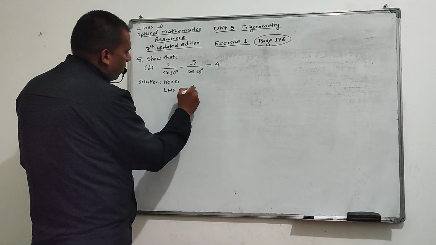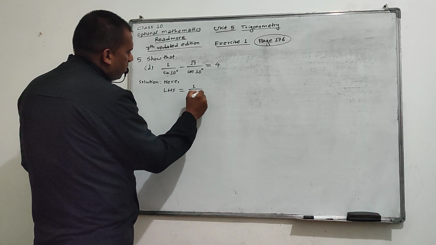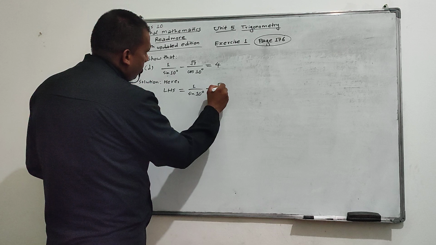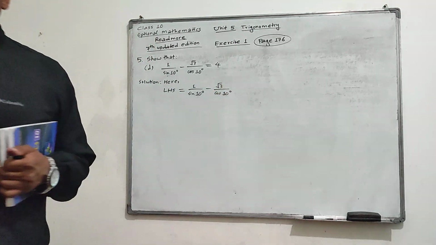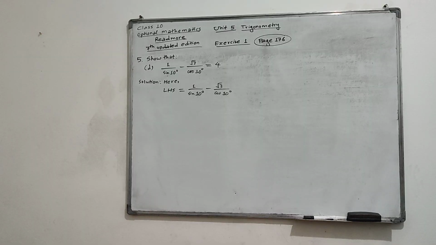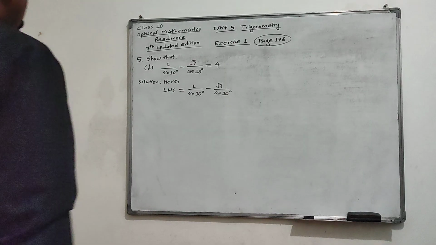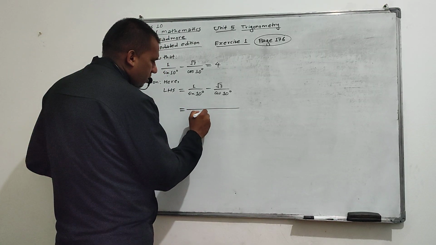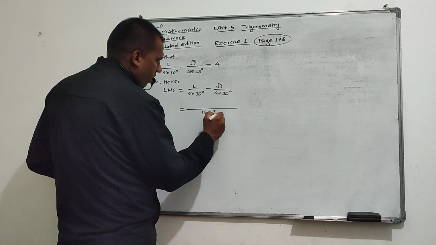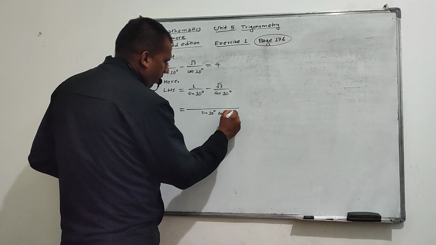LHS equal to 1 by sin 10 degree minus root 3 by cos 10 degree. Now taking LCM, sin 10 degree and cos 10 degree.